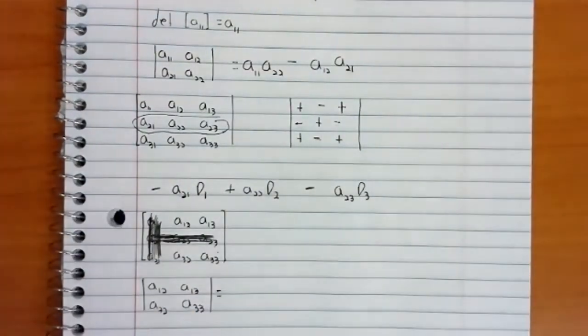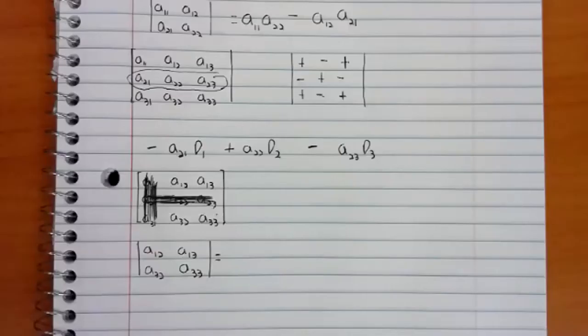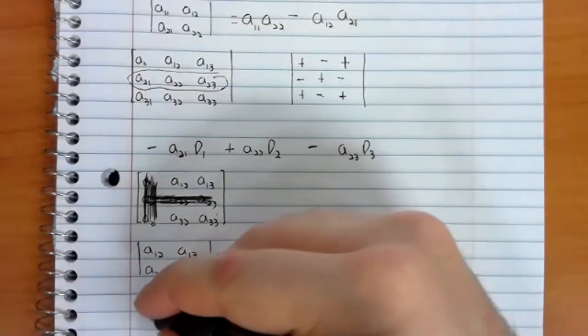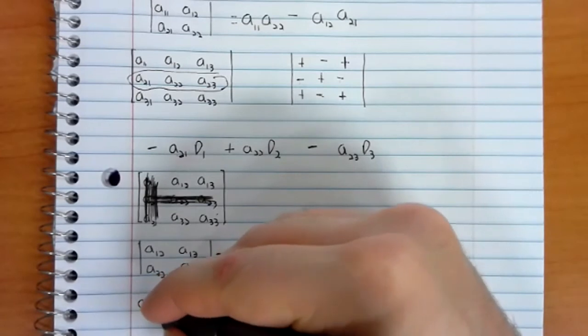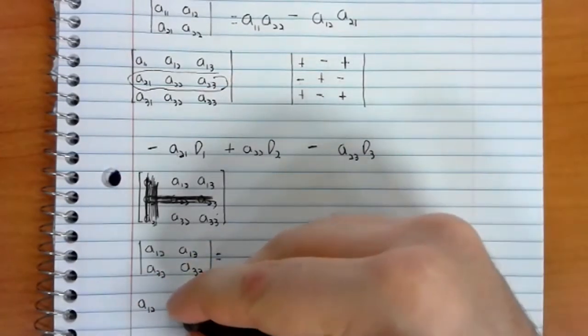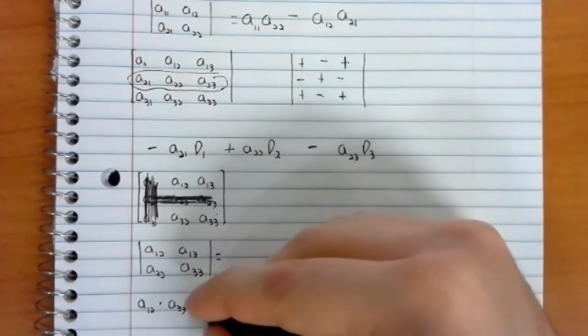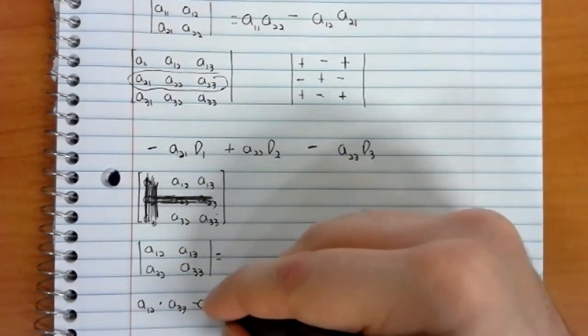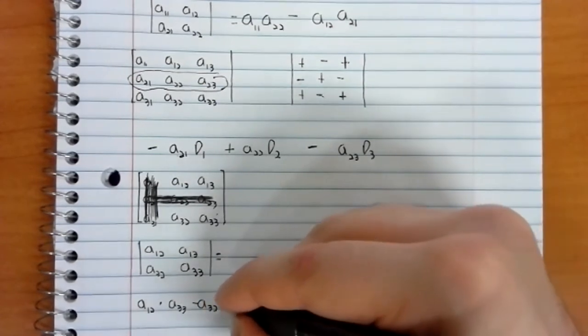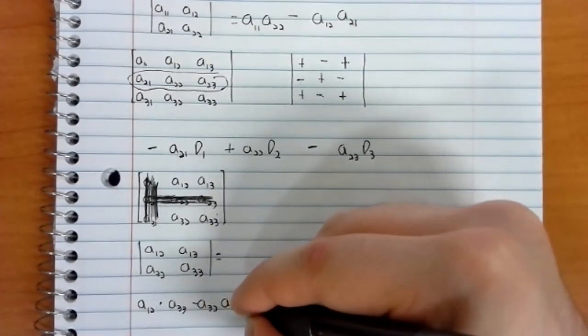We know how to take the determinant of 2 by 2 matrices.